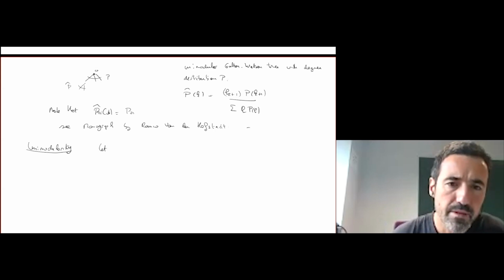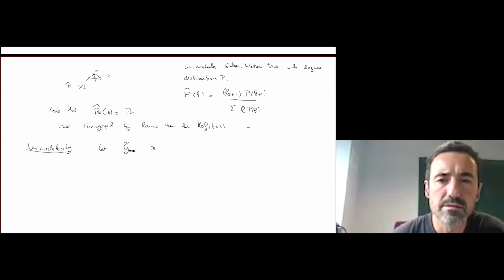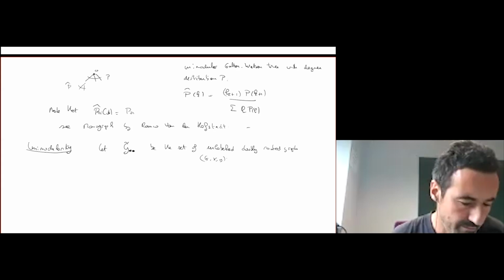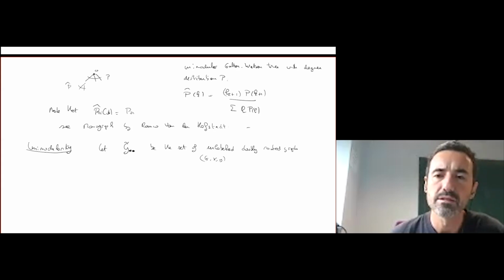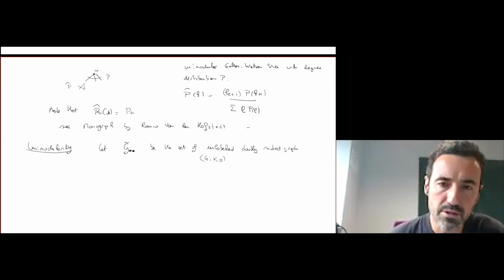Okay, so let G with two dots be the set of unlabeled doubly rooted graphs. So it's a graph G with two roots, x and y. Okay, and the roots are ordered. So you have two distinguished roots and the rest of the graph.